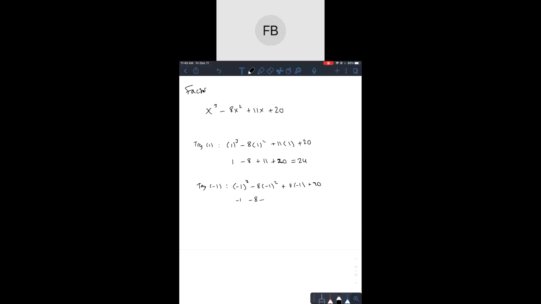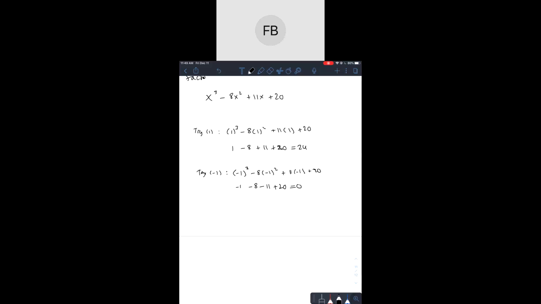Then this is -11, and this is positive 20. So that's -1 minus 8 minus 11, which is -20, and 20 minus 20 is 0. So we've got it. We're going to be using -1.